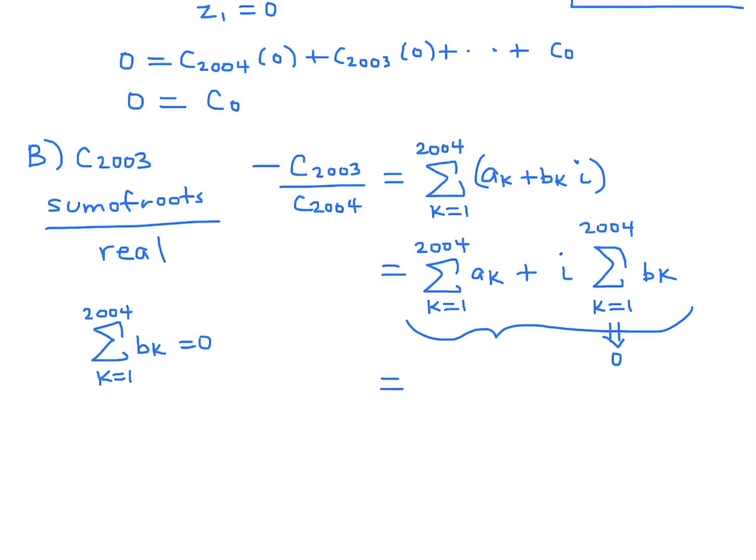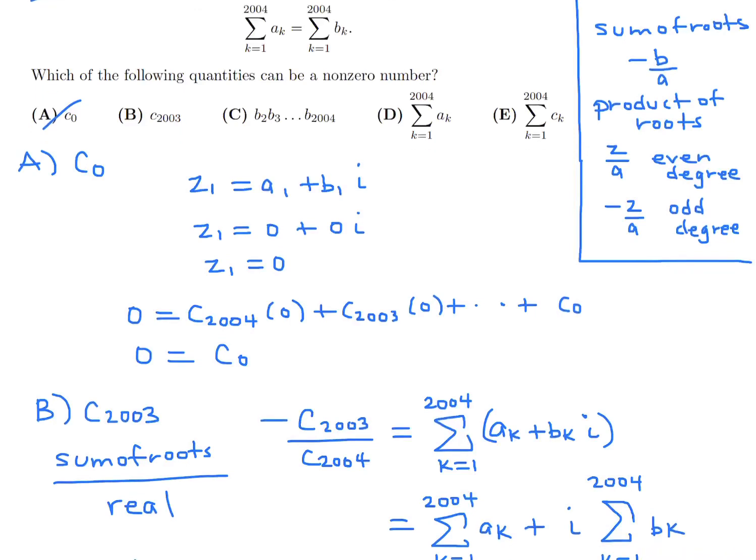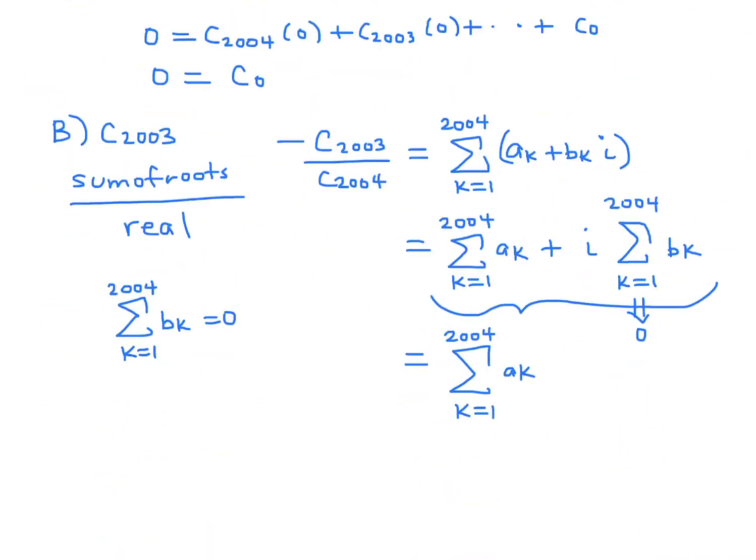Okay, so that just leaves us with the sum from k equals 1 to 2004 of ak. Well, where do we go from here? Well, they tell you that these two are equal, right there. So if this is equal to 0, that means that the sum from k equals 1 to 2004 of ak is also equal to 0.